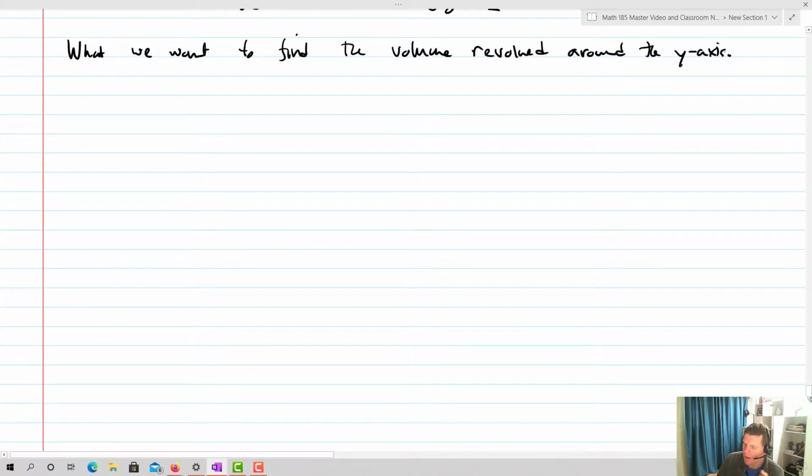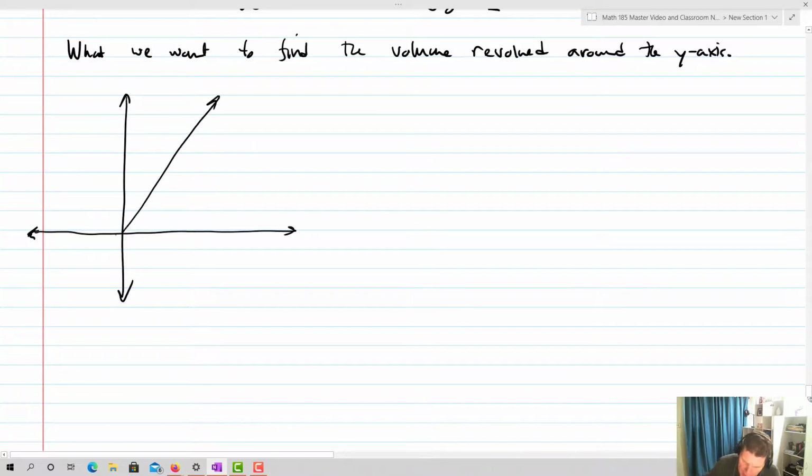So now the question is, what if we want to find the volume revolved around the y-axis? It's going to be basically the same process as before, but it's going to take a little more thought and visualization. So here's y equals x again, and here's y equals x squared, that parabola. We're still going from 0, 0 to 1, 1, because those are still our intersections.